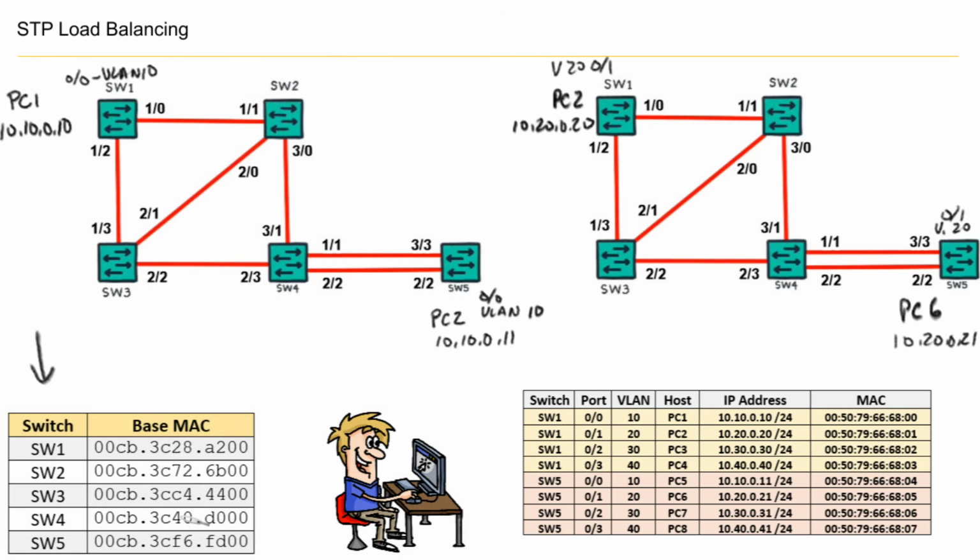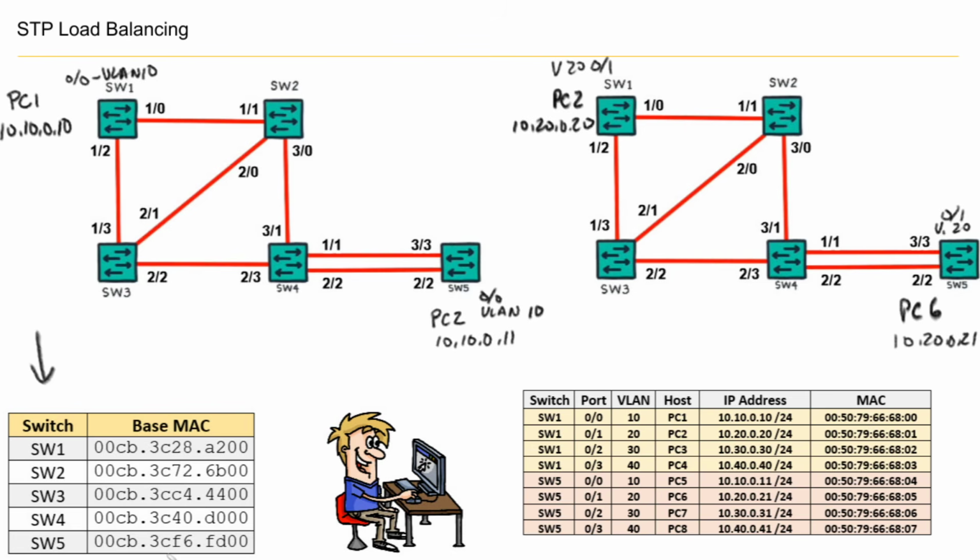I'd like to pause just for a moment and have you, based on this information, these base MAC addresses for switch 1, 2, 3, 4, and 5, tell me which one of these switches would be the root switch for VLAN 10 by default if we're using the default priorities.